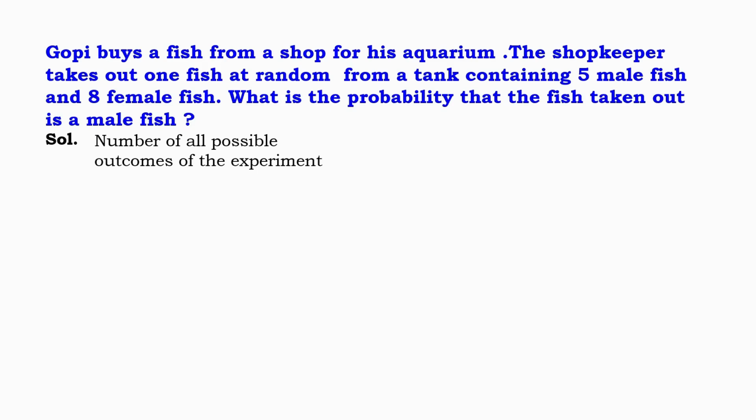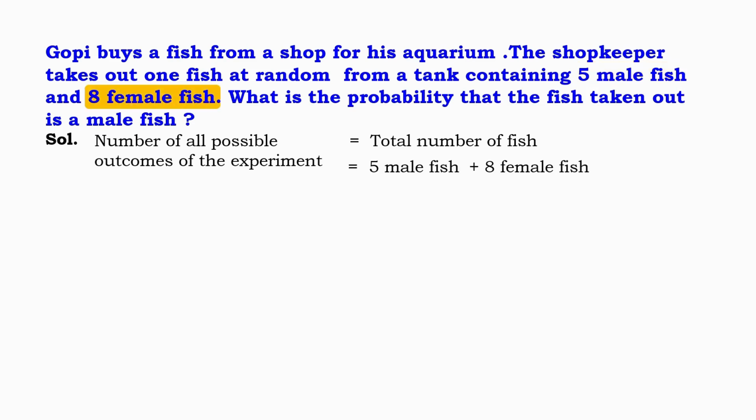Okay, so here the number of all possible outcomes of the experiment is the total number of fish. How many male fish are there? 5 male fish, and 8 female fish. So the total number of fish will be 5 male fish plus 8 female fish, that is equal to 13 fish. Now they have asked the probability that the fish taken out is a male fish.